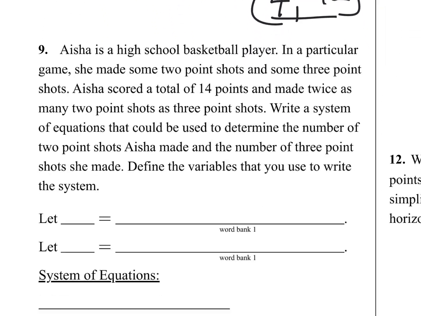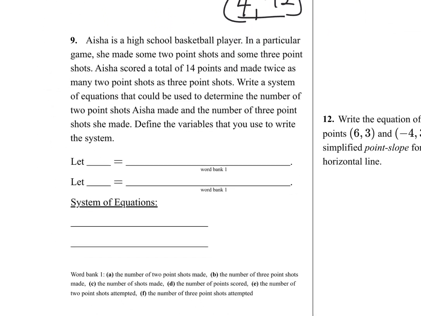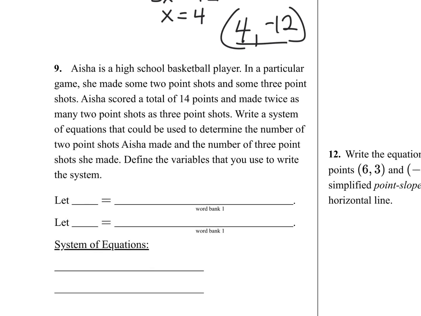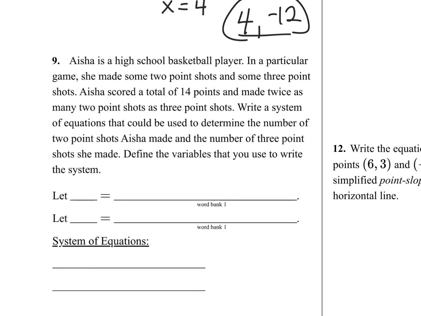All right, number 9. Okay, on this problem, all we're doing is setting up the equation. We're not going to solve them. We're just setting it up. So it says Aisha is a high school basketball player. In a particular game, she made some 2-point shots and some 3-point shots.